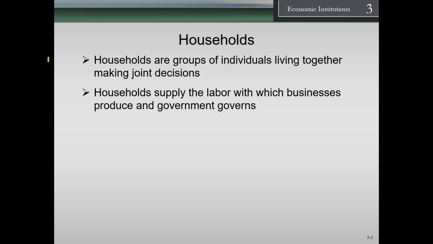Households supply the labor with which businesses produce and government governs. So clearly, the labor that is going to be used within business as well as within government is going to be provided by households. So that's going to be part of the market, part of the agreement between employer, whether that employer being a government or a business, and individuals.